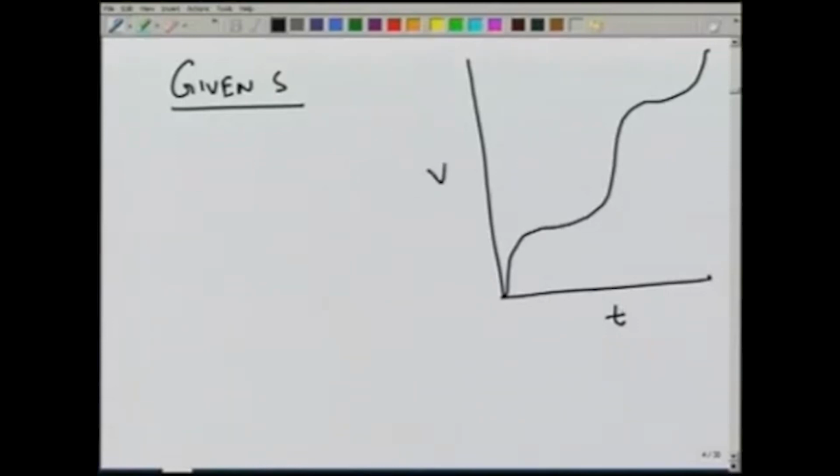So, let us have a similar mass curve, and the storage is given, let us say I am showing it here, S. So, this S value is given to us, and we want to find out what is the demand which we can maintain at the outlet point A.